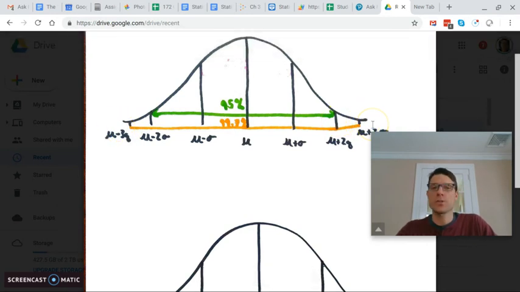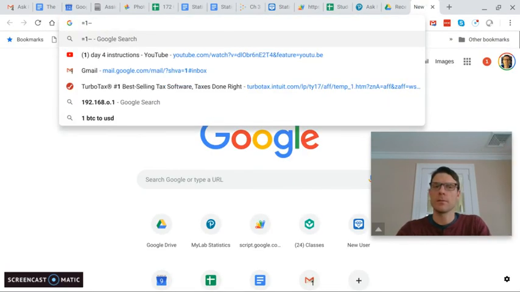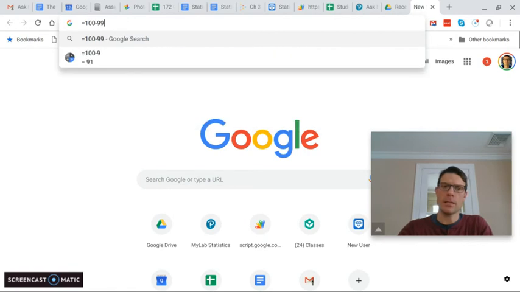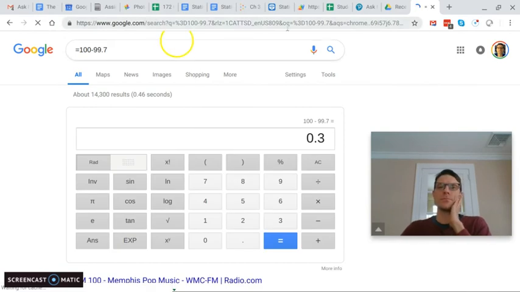Well, the whole distribution is 100% of the area. So we're going to take 100% and subtract 99.7 from that. So 100 minus 99.7 gives us 0.3%.